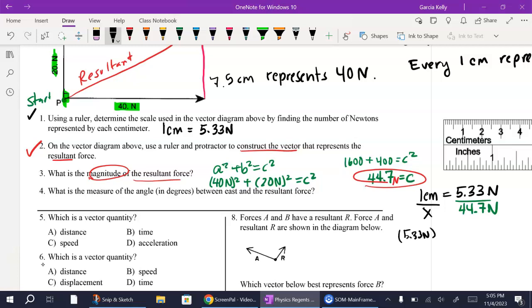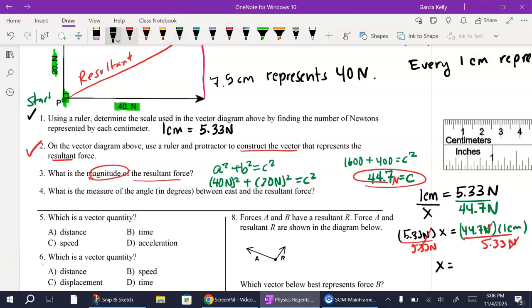So I'm going to end up with 5.33 x equals 44.7 n times 1 cm. And it looks like I'm going to divide by 5.33 n. 5.33 n cancels my n's. And all that's left is x is 8.94.